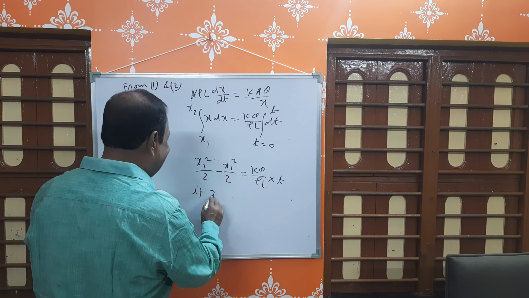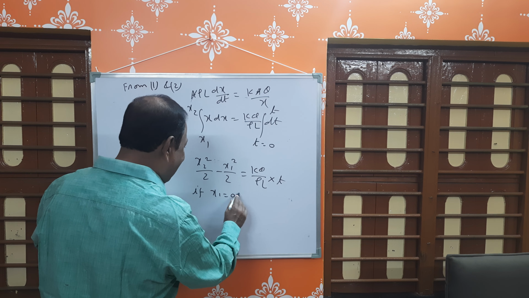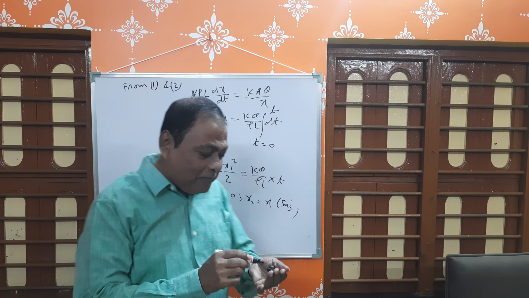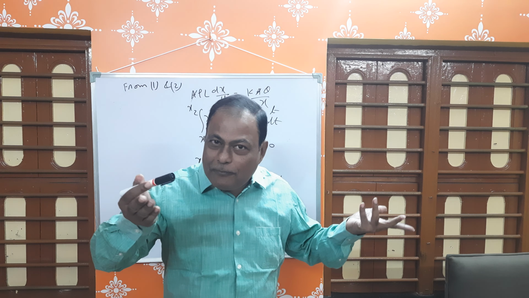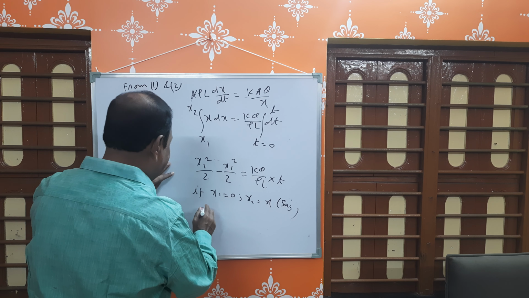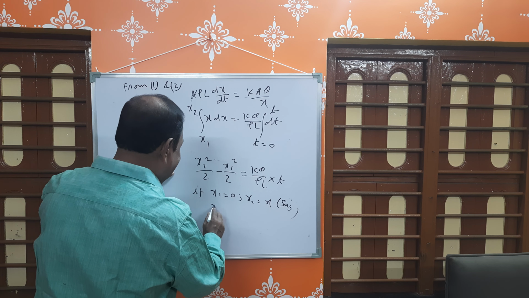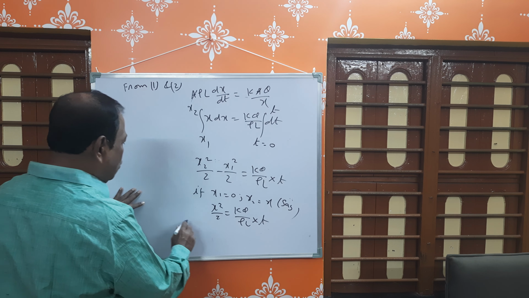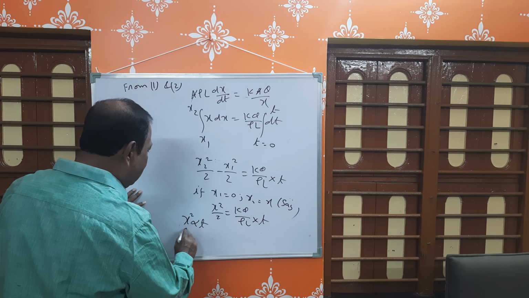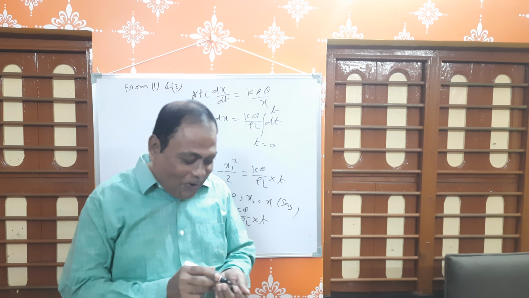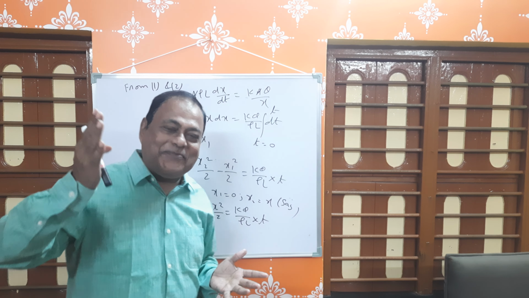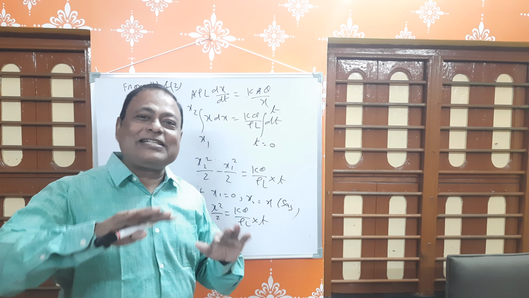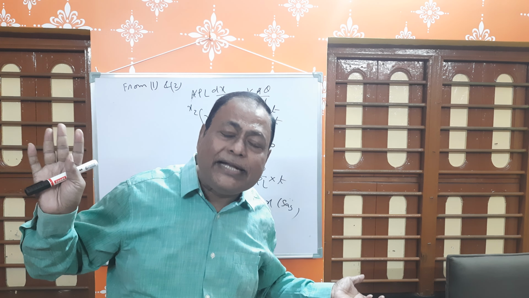If x1 is equal to 0 and x2 is equal to x, then x square by 2 is equal to k theta by rho L into time t. So x square is proportional to time t. So ice does not form linearly with time, but by a quadratic relation. The relation is parabolic. Time versus thickness of ice is of parabolic nature.